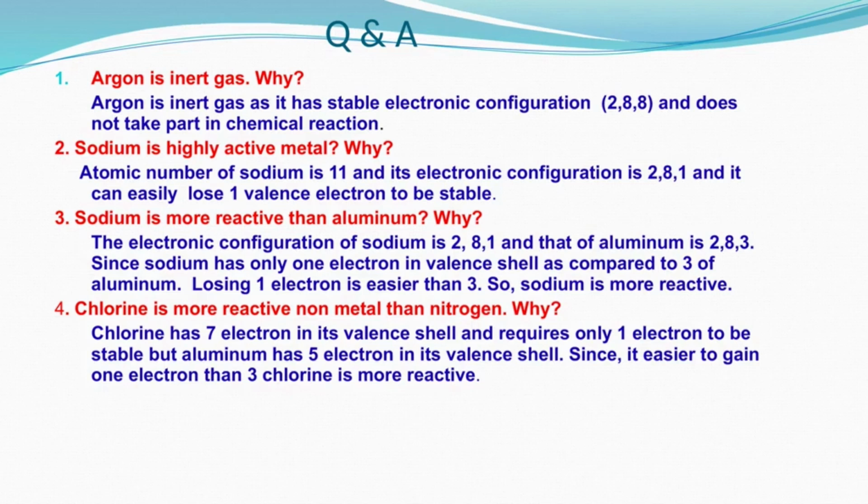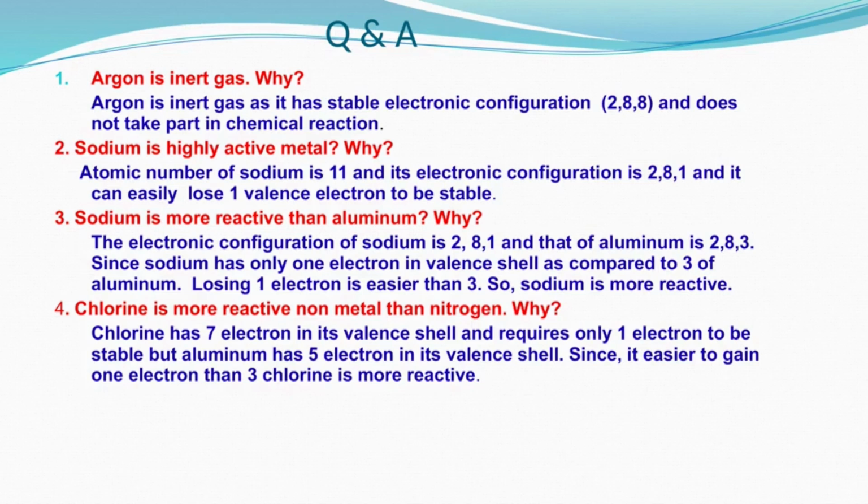Now, there is a comparative question where you compare two elements like sodium and aluminum. Third question: when you compare sodium and aluminum, which one is more active or reactive and why? You can think from this answer and make your own answer, as I have already told you. The electronic configuration of sodium is 2, 8, 1 and that of aluminum is 2, 8, 3.